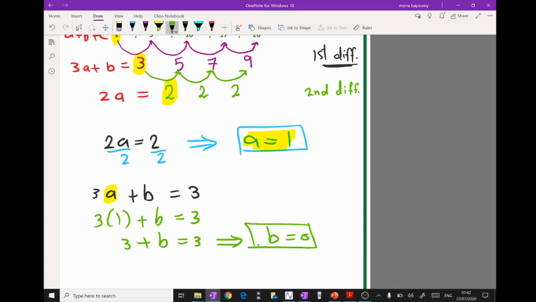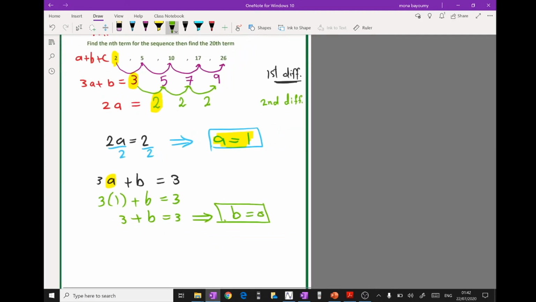To find the last variable, the value of c, I have to write the last equation and substitute for a and b by 1 and 0. So a plus b plus c is equal to 2. I will substitute a equals 1, b equals 0.